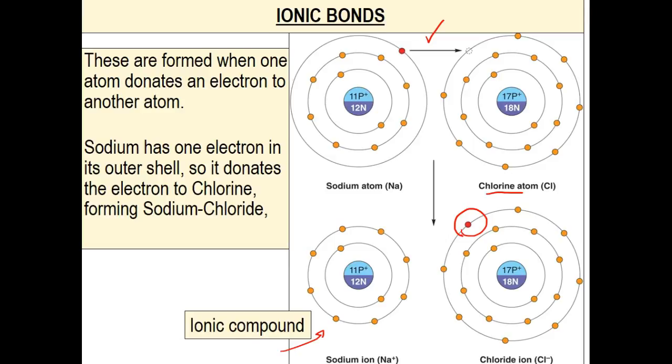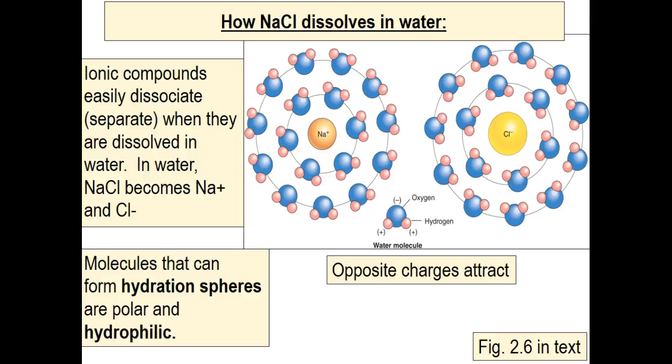But let's look at how sodium chloride dissolves in water. What happens when you put sodium chloride into water is that, being an ionic compound, it's going to easily dissociate or separate.